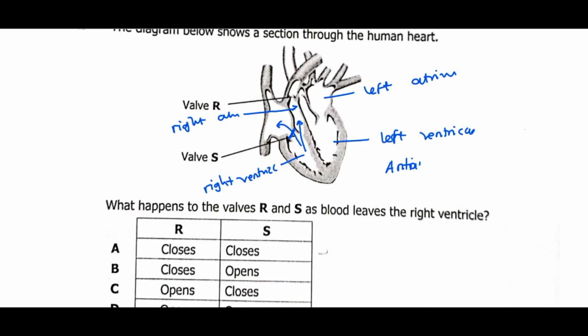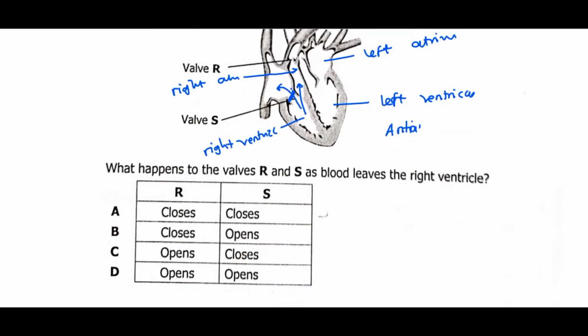So that is the point here. So now this must close, this must open. So valve S closes, then R opens. S closes, R opens. So our answer is C.